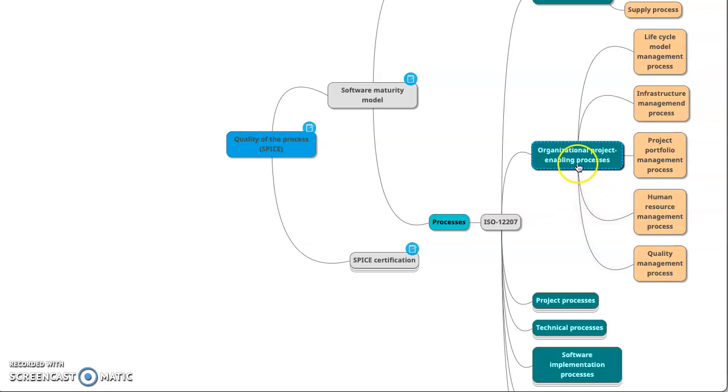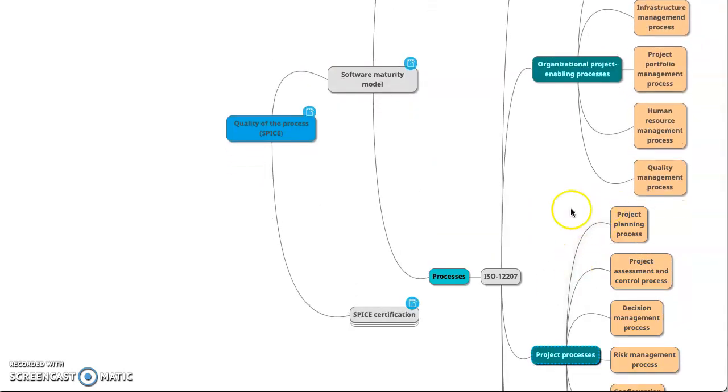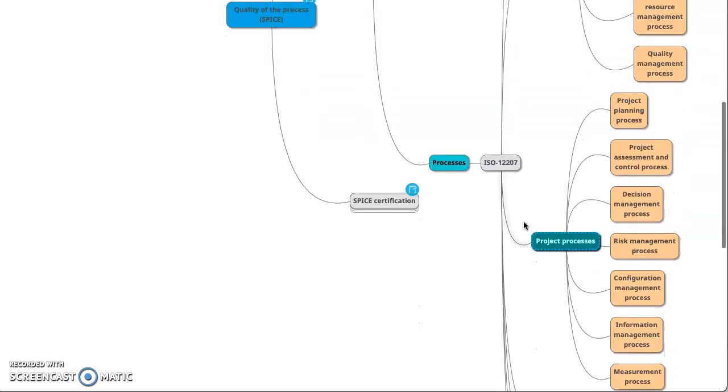In the project processes, you will have planning, assessment and control, and the decisions on what to do and how to do it. Another important one, which can define the level of your organization, is risk management.